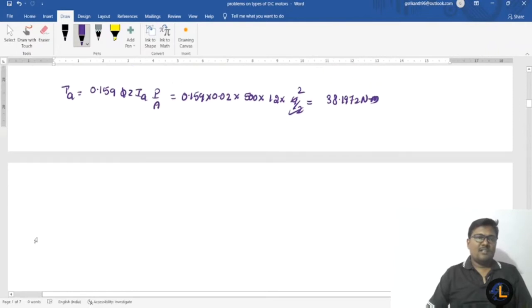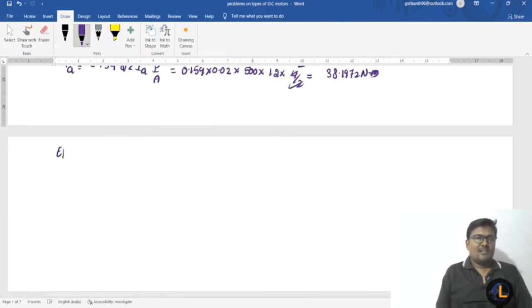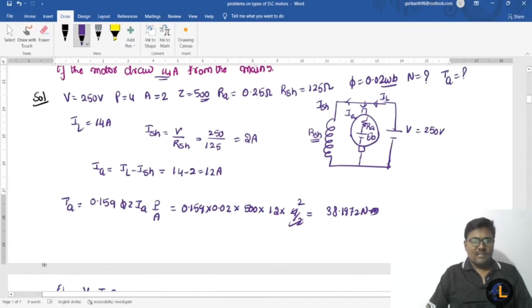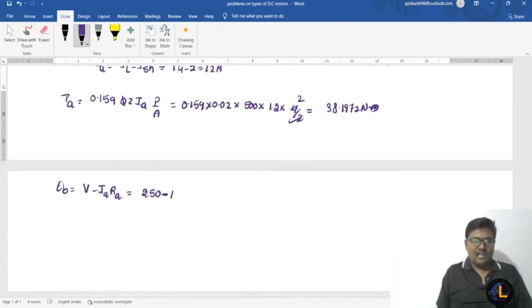What is Eb? Eb is equal to V minus IaRa. Supply voltage is 250, Ia I got as 12, and the armature resistance is 0.25. So then I got Eb is equal to 247 volts.